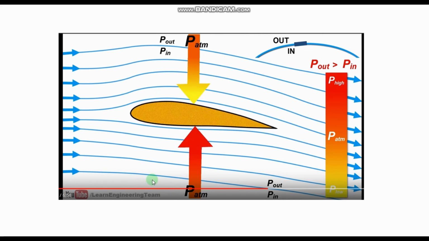So if you are to look over here, let's consider this region right here to be the sea level, and as we increase in altitude, we see that there is a decrease in pressure. The red represents the intensity or the gradient of pressure. So we have a higher pressure here, which would be the sea level, and we have a much lower pressure in higher altitude.